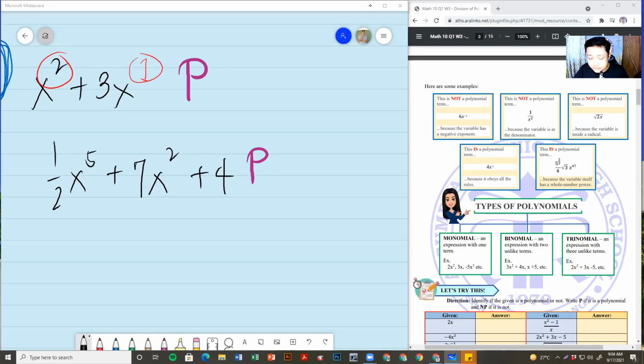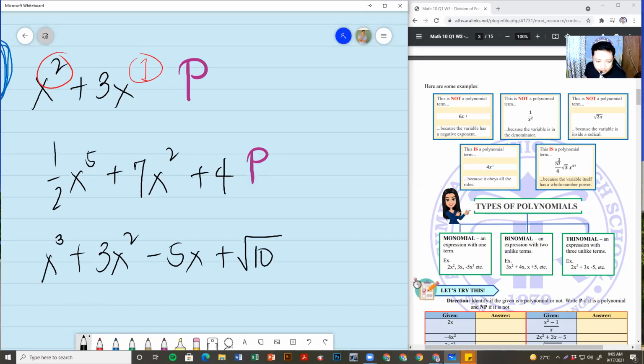Okay. Let's have this. If we have x cubed plus 3x squared minus 5x plus the square root of 10. Polynomial or not? Type it in the chat box. Very good.